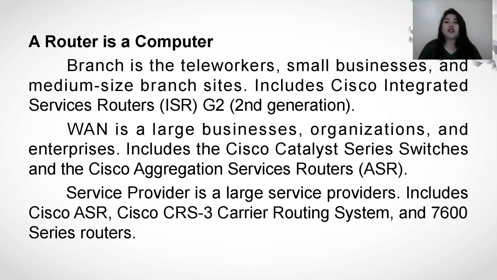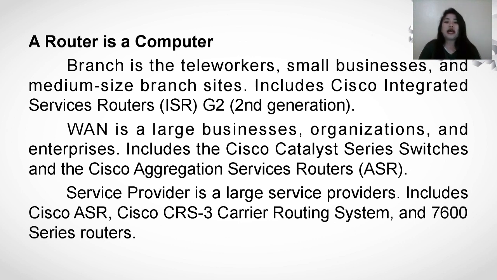Then the next one is that a router is a computer. Branch routers are for teleworkers, small businesses, and medium-sized branch sites. They include Cisco Integrated Services Routers, also known as ISR G2 or second generation. Network edge is for large businesses, organizations, and enterprises.